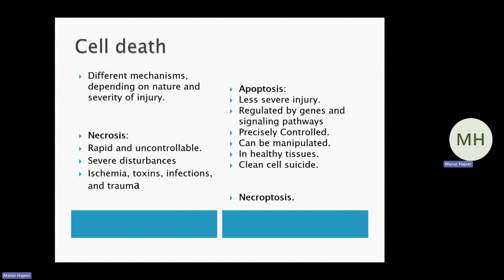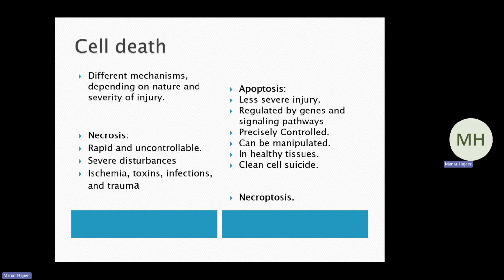For example, UV light-induced sun damage to the cells, aging of the cells, loss of the growth factor signals that reach the cell. These are minute or trivial injuries that will not lead to necrosis. It will lead to death by apoptosis, but it is very precisely controlled.